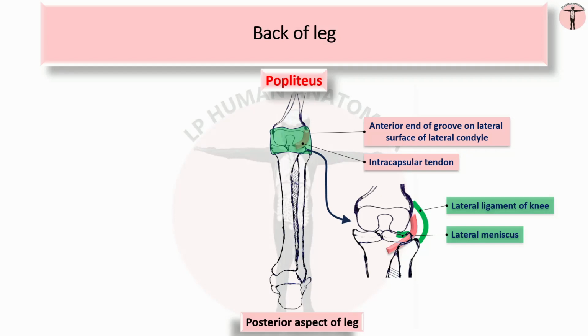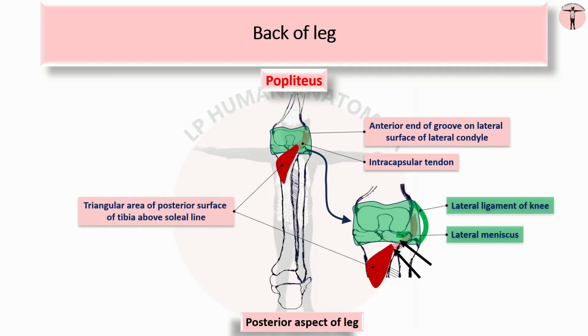The long tendon is enclosed in a synovial sheath, pierces the posterior part of the fibrous capsule below the arcuate popliteal ligament and emerges out of the knee joint. Here it expands into a triangular fleshy belly which is inserted into the posterior surface of the tibia above the soleal line.